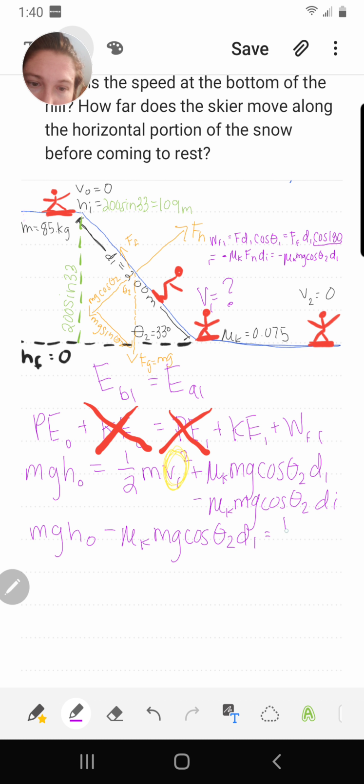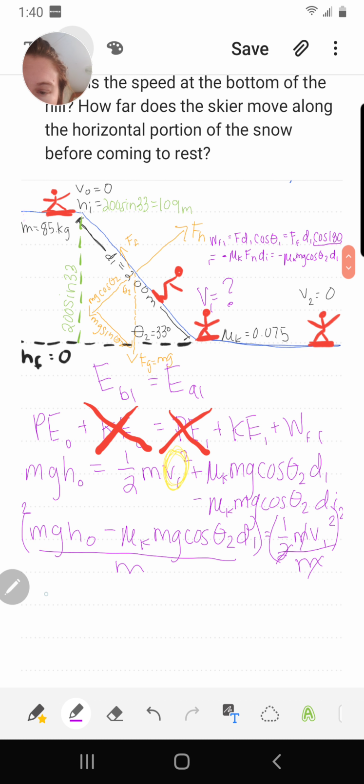And that's equal to 1/2 our kinetic energy. Okay, we can multiply by 2 on both sides to cancel out this 2, and then we can divide by the mass.